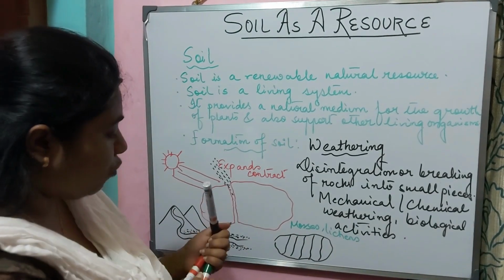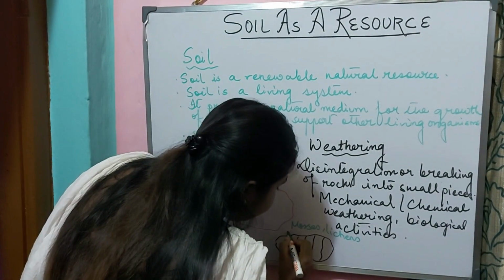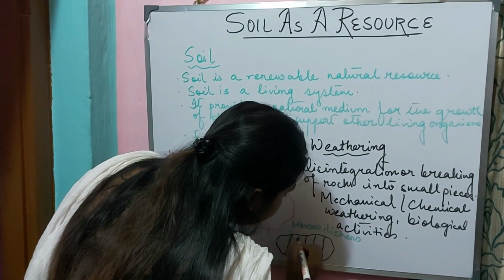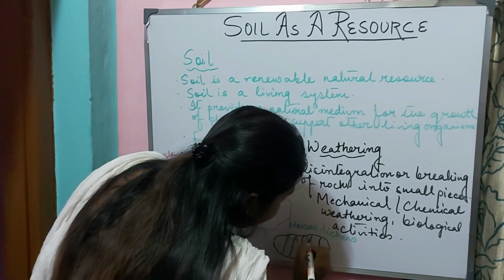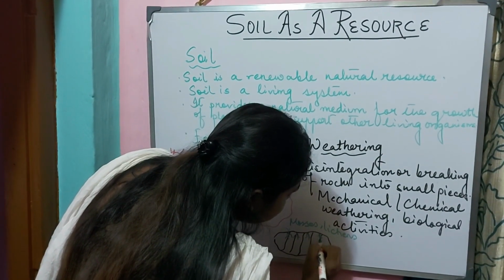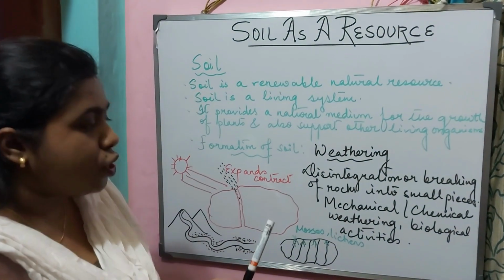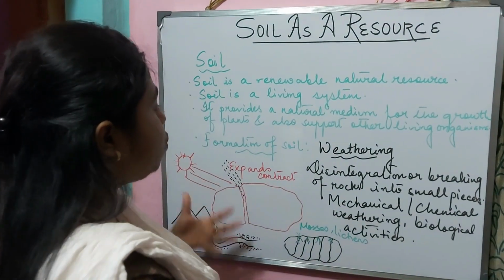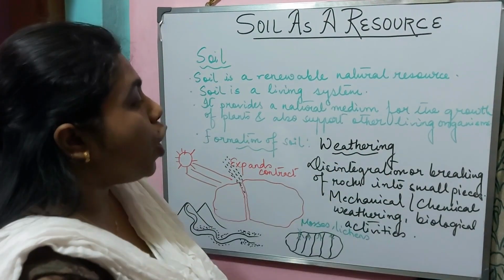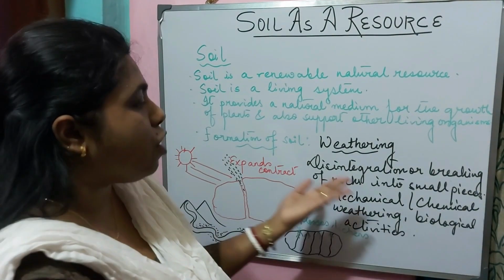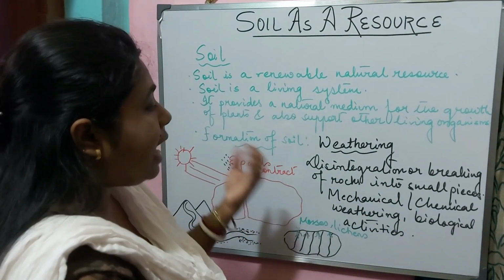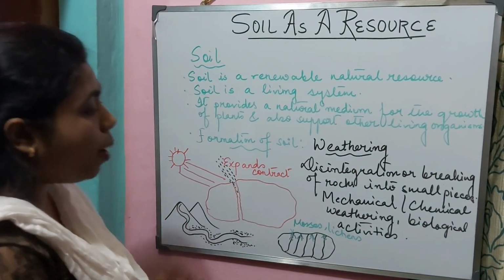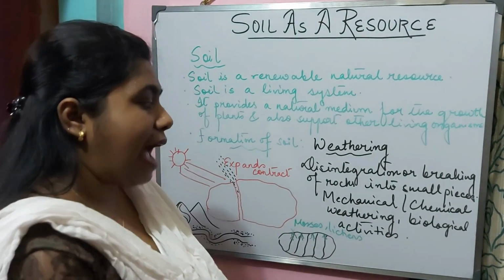As they grow over the rock surface, with time their roots penetrate down the rocks, and it leads to breaking of rock into small particles. So this is the way that leads to the formation of soil, that is weathering, disintegration or breaking of rock into small pieces. It can be mechanical or chemical weathering, and also the soil is formed by biological activity.